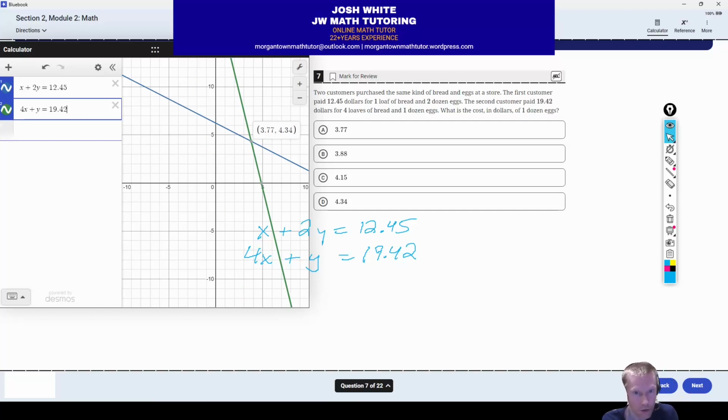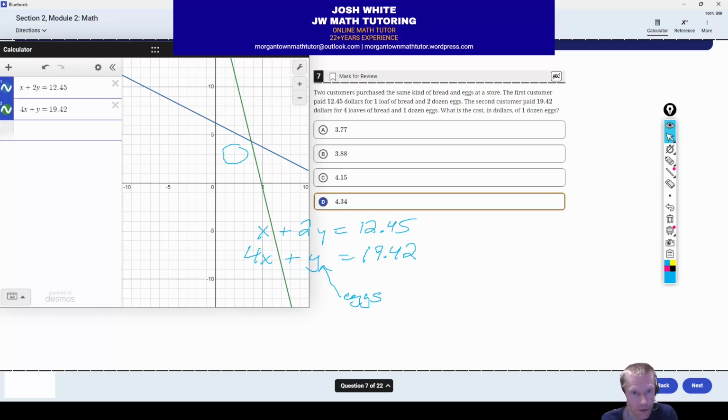Here's the second line. Where's the intersection? 3.77, 4.34. So what do they want to know? They want to know the cost of 1 dozen eggs. So for me, eggs were the y variable, the second variable. So therefore, the correct answer for this is going to be 4.34. It's going to be letter D.